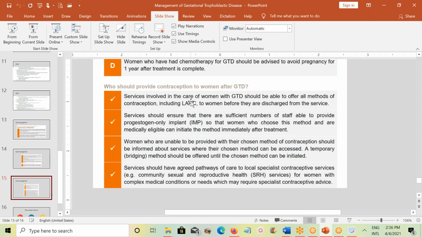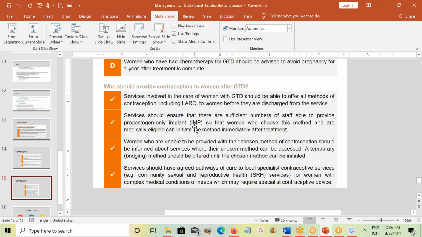So all LARC methods are very good for them, and they should be offered to women who had this treatment for the GTD. LARC methods should be discussed with them.